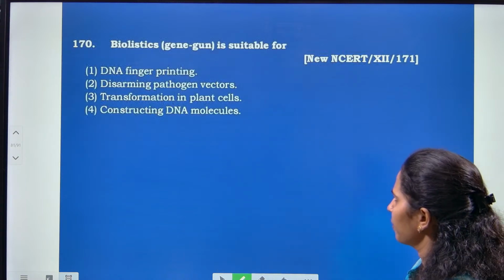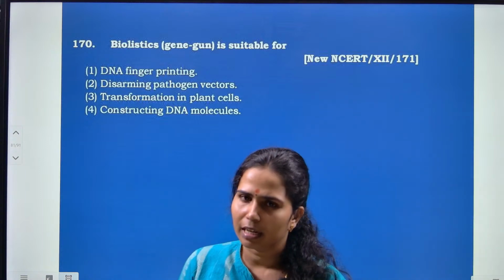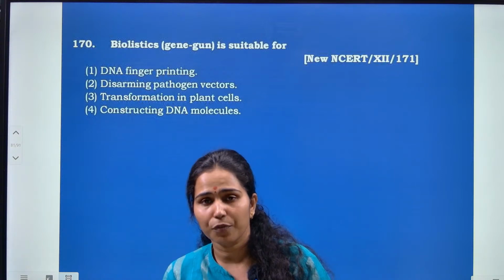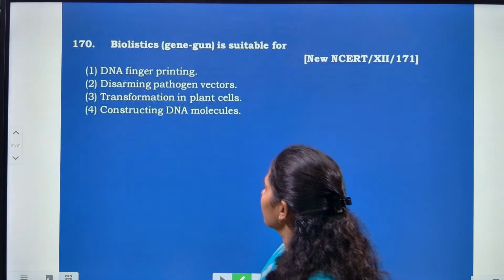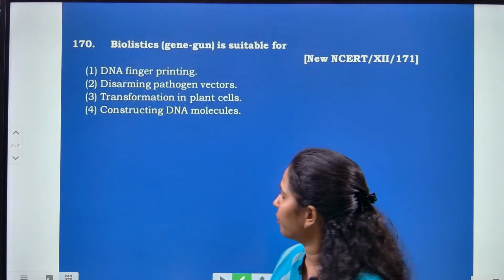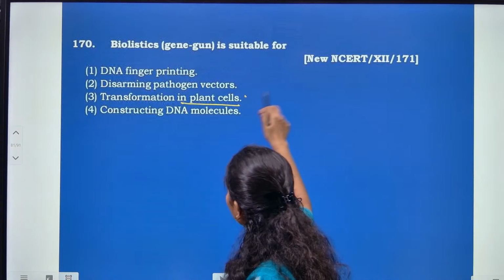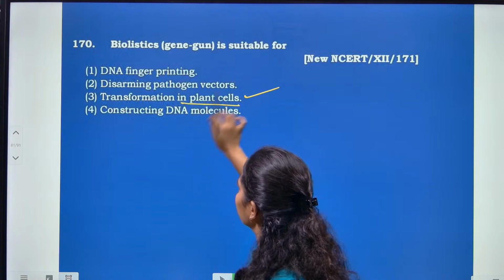Yes. Ballistic or gene gun method. So the ballistic or gene gun method is used for what? For transferring the gene of interest. In this method, we insert the gene of interest directly, that is, transformation of the gene of interest in plant cells. We are not going to use it for DNA fingerprinting, or as a disarmed pathogen vector.